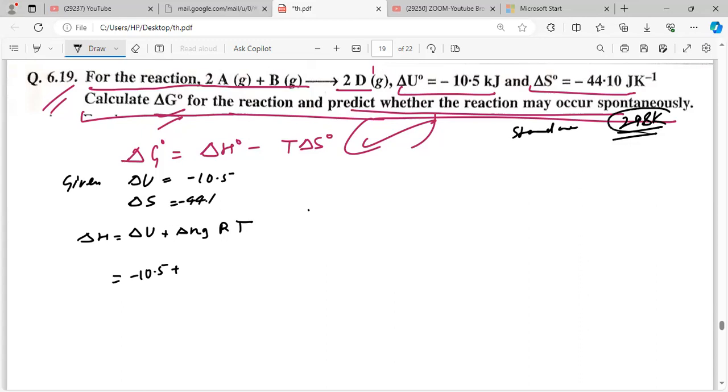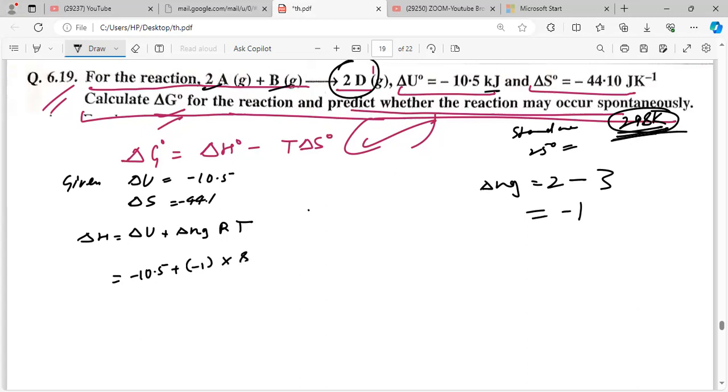Standard condition is 25 degrees C, which means 298 K. So here is the minus 10.5. Then delta n g, you can calculate. What will be the number of gaseous products? 2. Reactants, how much is there? 2 plus 1, that is 3. This is coming minus 1. So here I am putting minus 1. Next one, R. Here this value is given in kilojoule, so it will be 8.314 times 10 power minus 3.